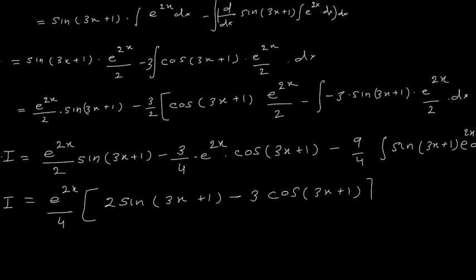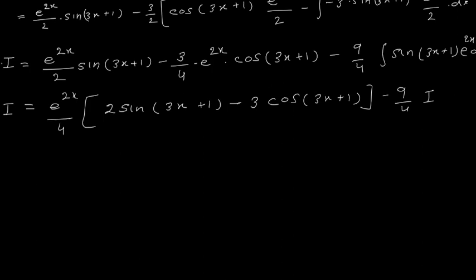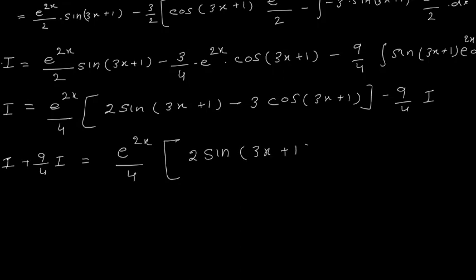This I will put in bracket, then minus 9 upon 4 times I. So this minus 9 upon 4 times I I will put on the left hand side, so it will become I plus 9 upon 4 times I is equal to e^(2x) divided by 4 into, here inside the bracket I have 2 times sin(3x+1) minus 3 times cos(3x+1).